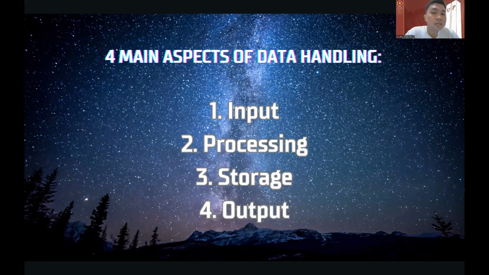Storage is where data is held in the system. It may be the data that has been input, required during processing, or the result of processing. While output is taking information that was in the system and outputting it, which may result in a printout, on screen, or electronic.